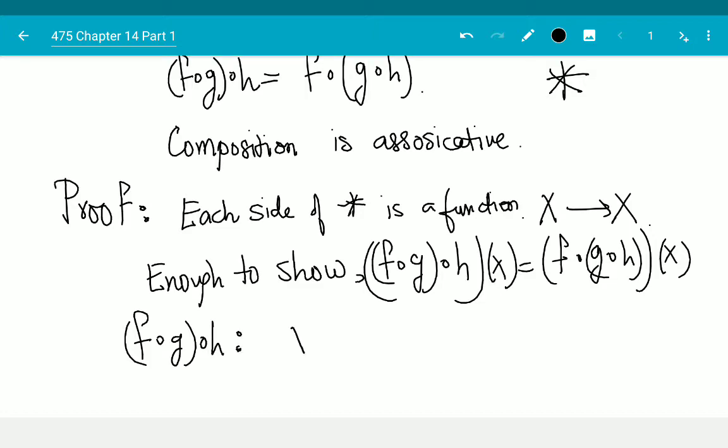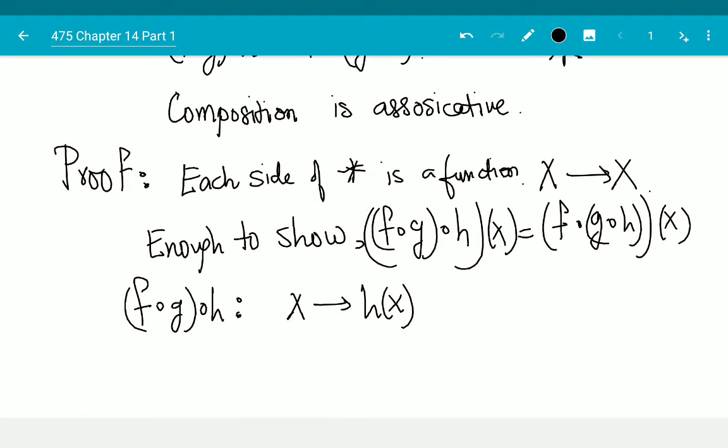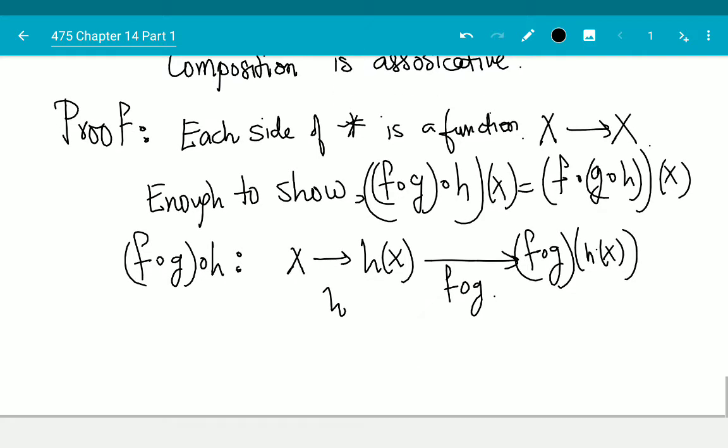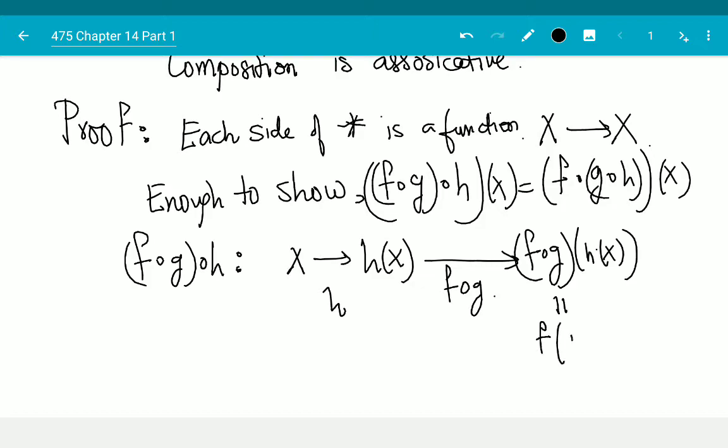The last thing that is happening is x is being sent to h of x by h, which is then being acted on by f o g, which is basically f o g of h of x, right? Well, this is exactly f of g of h of x.